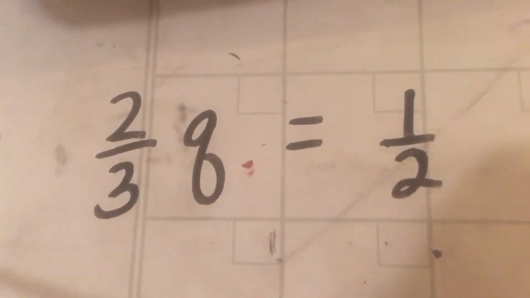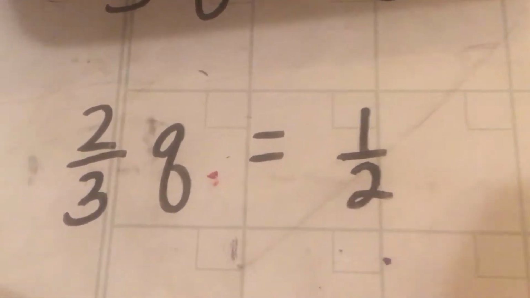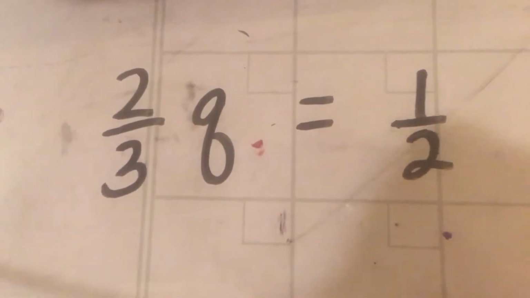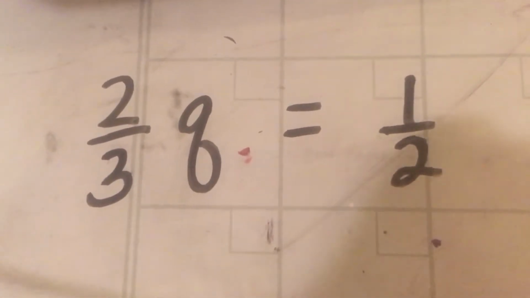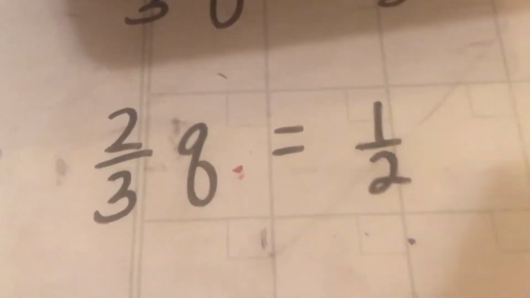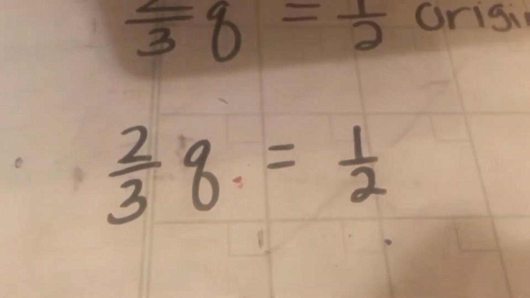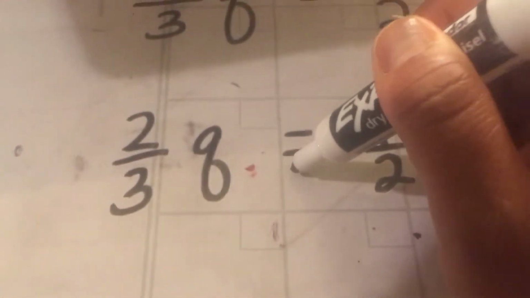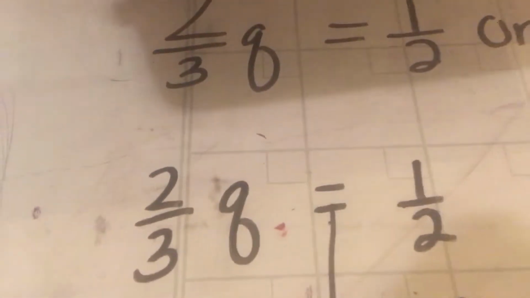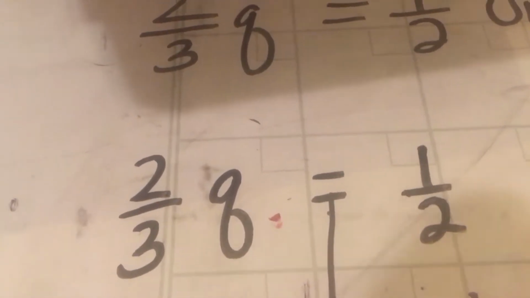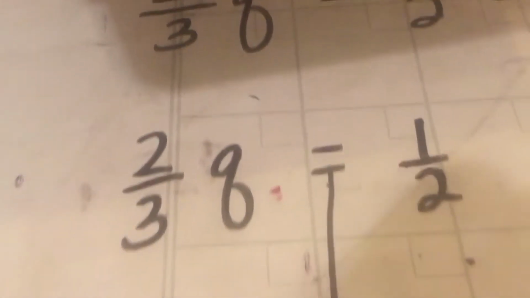Now on this line, we need to take the reciprocal of the fraction 2/3 to get the q by itself. Remember, our goal is to get the variable by itself. In this case, the variable is q, so we're going to draw our line. Now, the reciprocal means that it's the multiplicative inverse of a number.